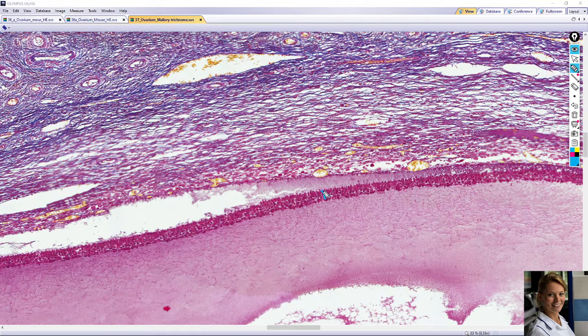So here are granulosa cells, and here is a theca interna and externa. Approximately here, it's not a sharp border between the connective tissue of the cortex and theca externa.